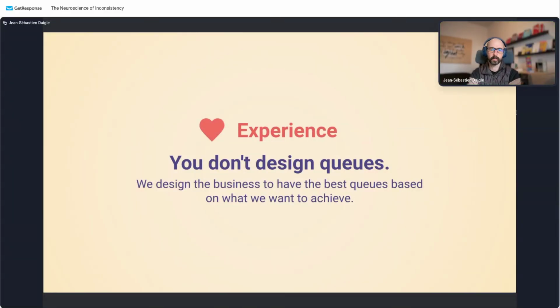Okay, so the funny thing is that while we are talking about queues as part of the waiting, part of the experience, you don't actually design an experience. You don't design a queue. There's no such thing as a waiting queue designer.